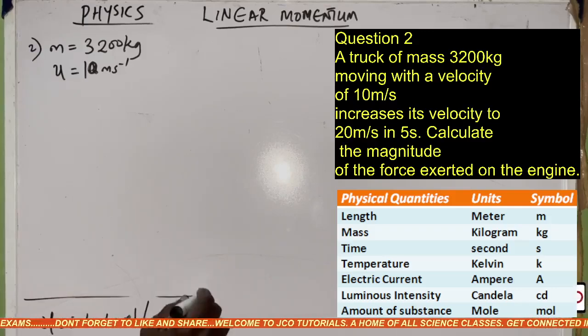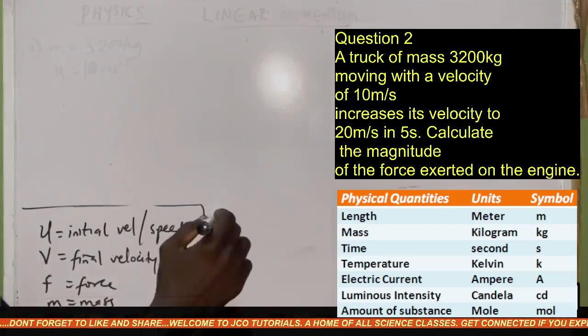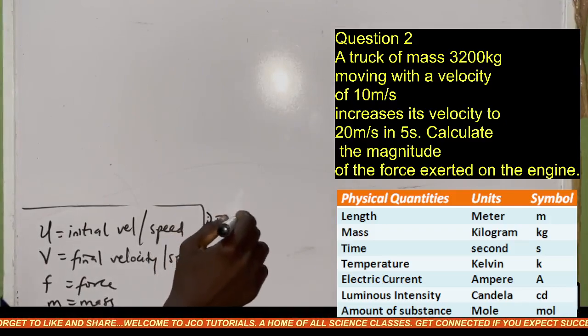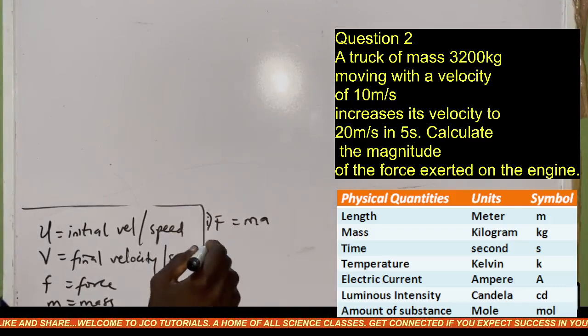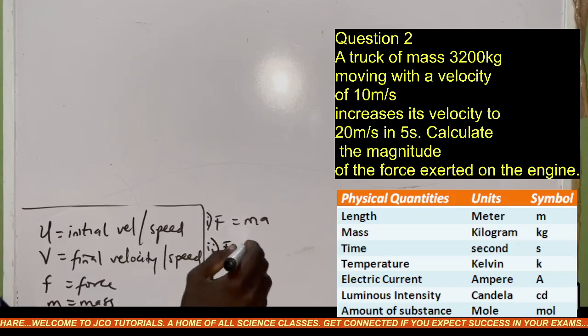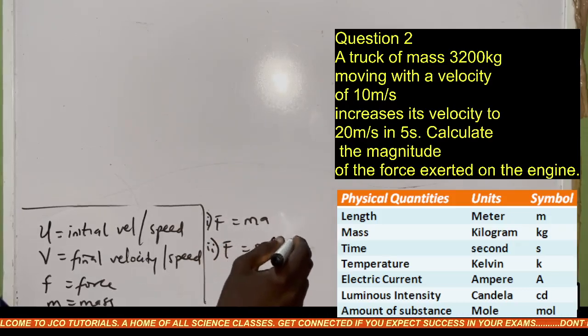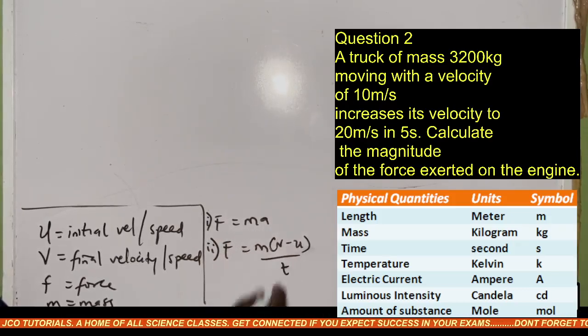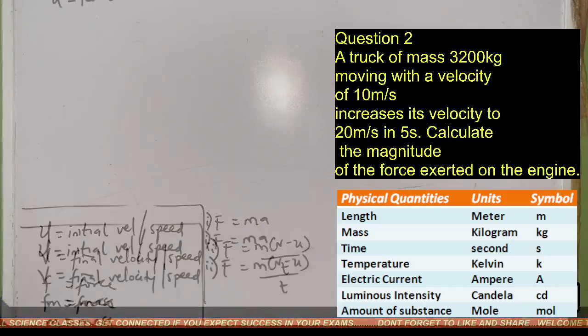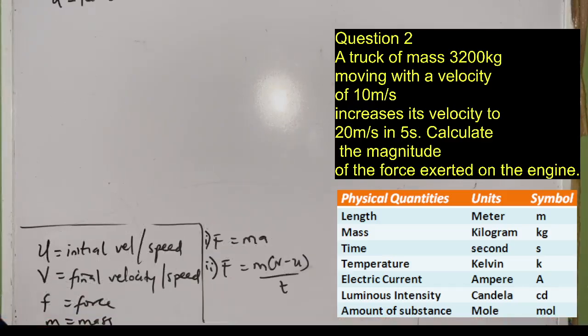So I believe this would help us. Then we know that F is equal to ma. Also F is equal to change in momentum over time. Okay, so that's for that. Then we go on. It says the mass is 3,200 kg, has a velocity of 10 meter per second.